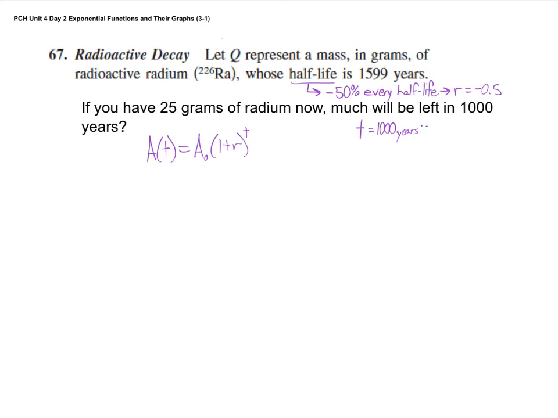We are told that one half-life, I'll just put HL for space, one half-life is 1,599 years. Okay? So if I do this, my years cancel out, and I have 1,000 over 1,599 half-lives.